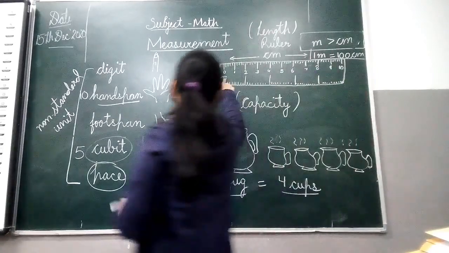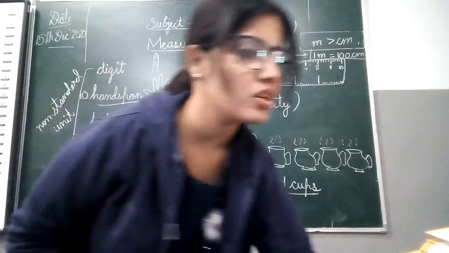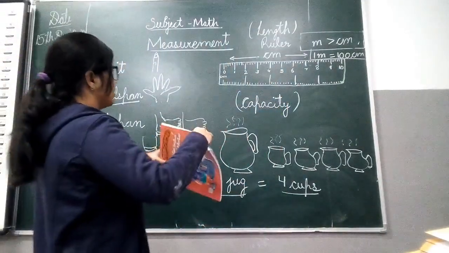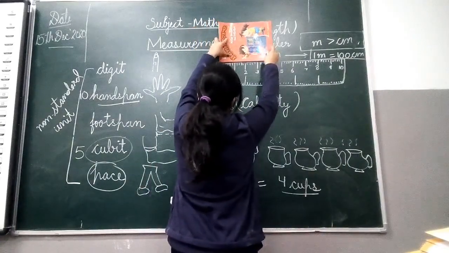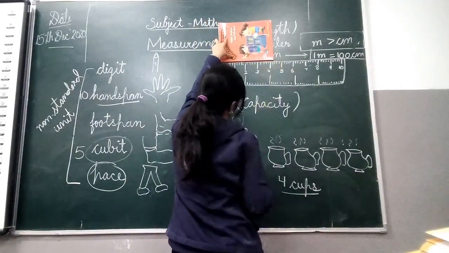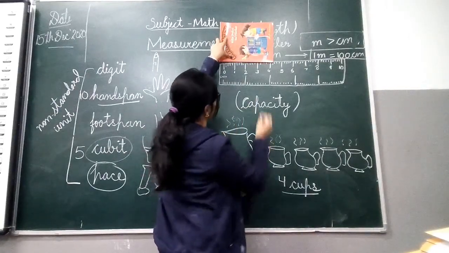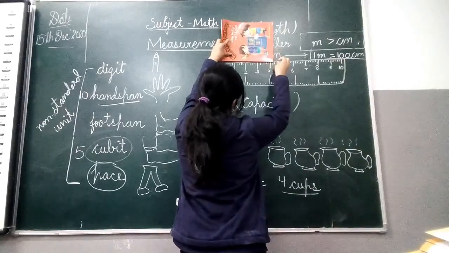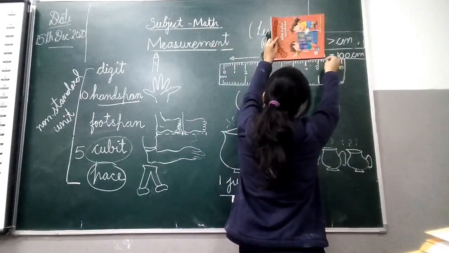And if you want to measure any length, what do you need? You just need to place this ruler at the point of the object, and then you can find up to what is the length of this object. Like if I measure, it is here 4 centimeter, then again here.